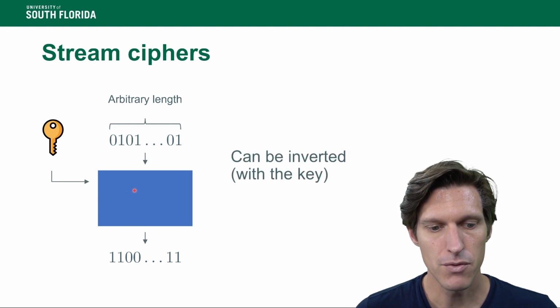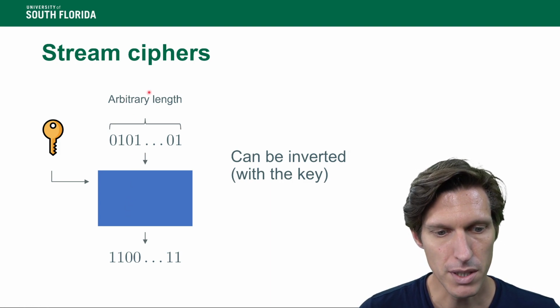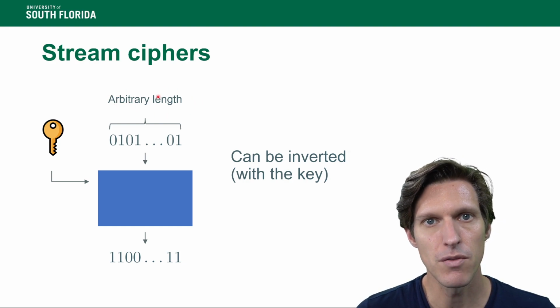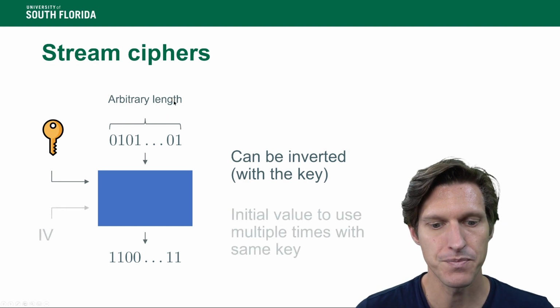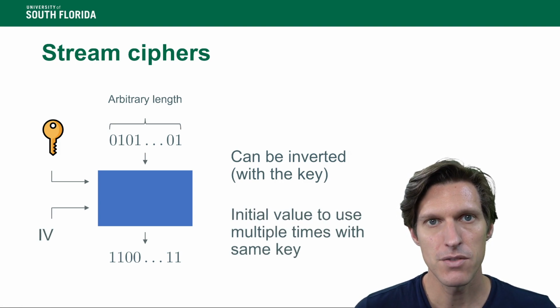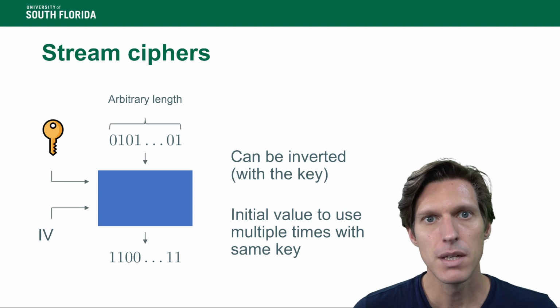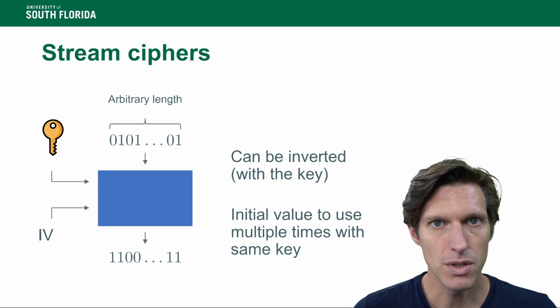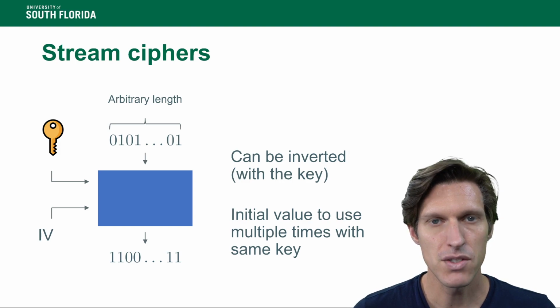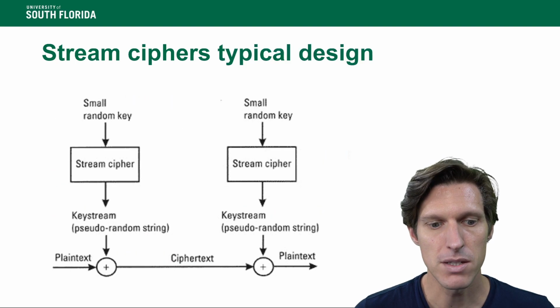Note that it doesn't have to be a permutation, unlike the block cipher. And most importantly, the major difference is, of course, that we allow inputs of arbitrary lengths here. And the same way as for the block ciphers, an IV can be added to the input, which is public, and it allows us to retain security even though we reuse the same key for different messages.